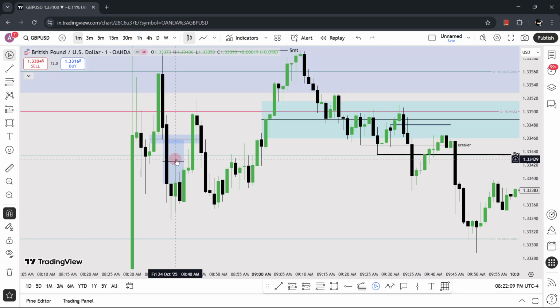It reacted, went to the midpoint and closed around mid, outside of that fair value gap. On the next candle, I took an entry, making my stop somewhere around here.